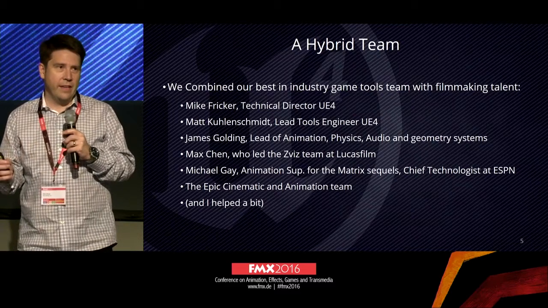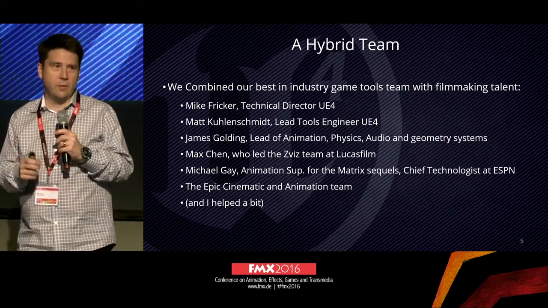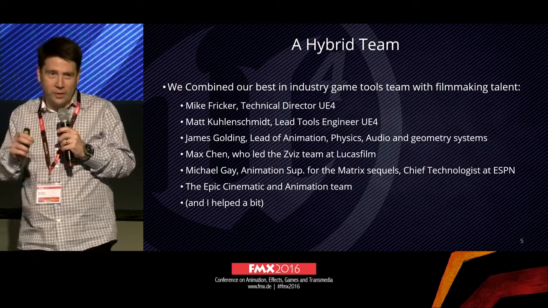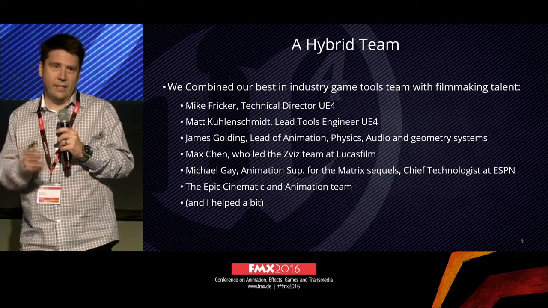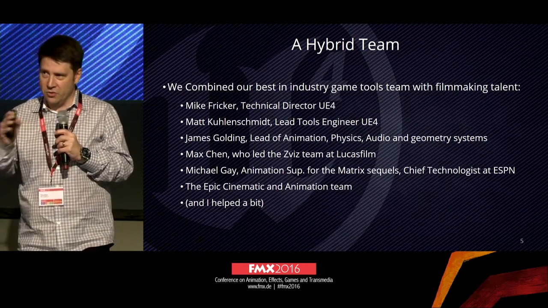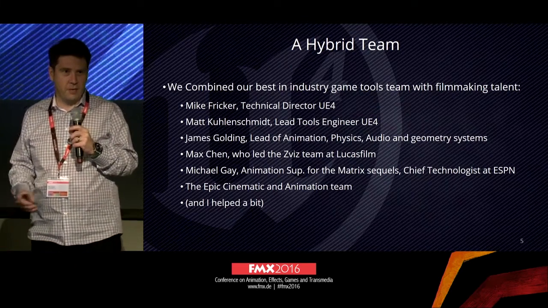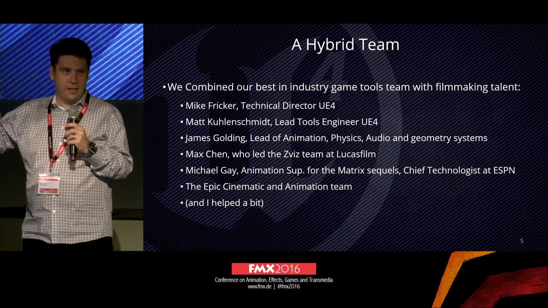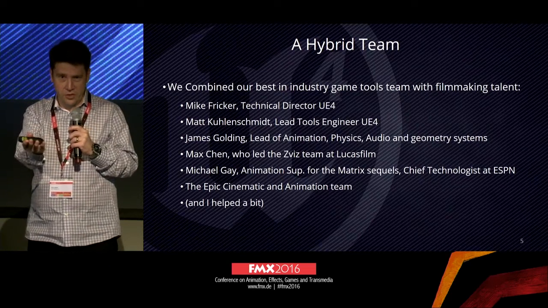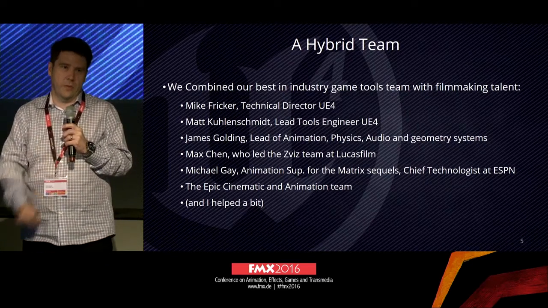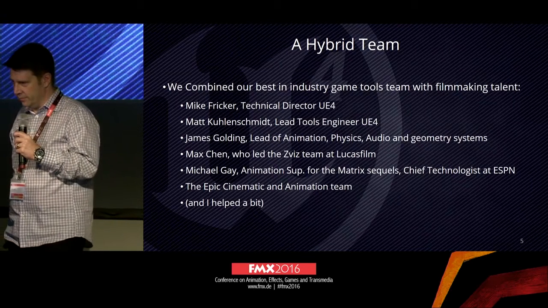Whenever you trigger an event inside a game, you're going to be using Sequencer for that. So it's not just a cool little cinematics tool. It is the underlying animation system and animation triggering system for the engine. So that's where the challenge is. How do we make something that looks nice and easy to understand for traditional movie artists, but also is going to work well for game companies?